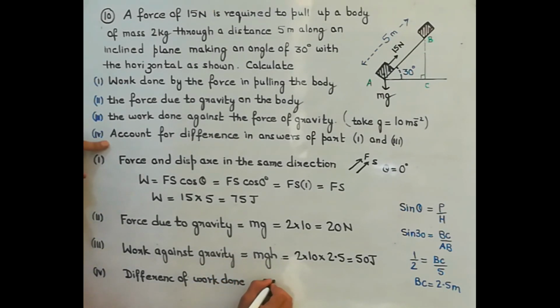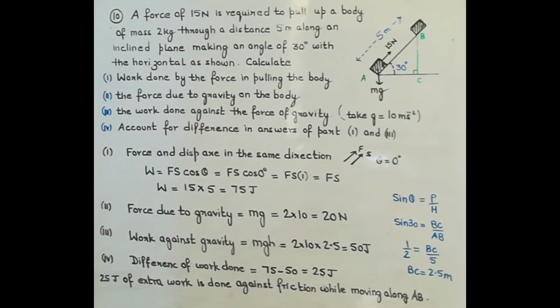In first part it was 75, in the third part it is 50. So the difference is of 25 joule. And now we have to account for this difference. So you can write 25 joule of work is done against force of friction.